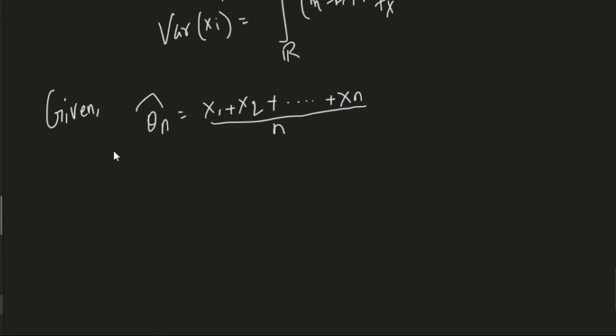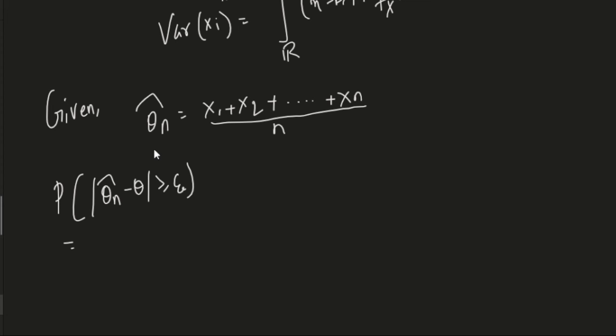So therefore we need to show the following. The probability that the absolute value of theta n cap minus theta is greater than or equal to epsilon is equal to, well, what we see here is that they have a common PDF and can be treated as equals.